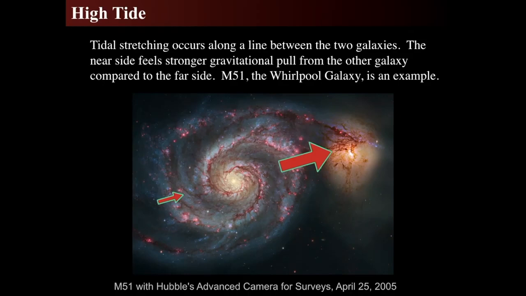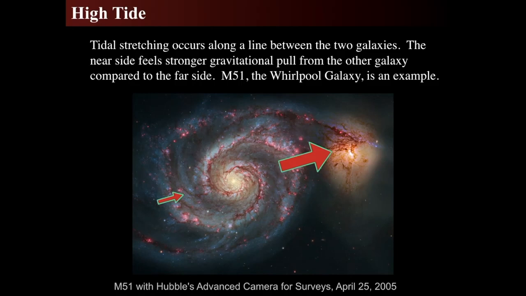And this is what we might think of as a high tide. Notice that the Whirlpool galaxy seems to be elongated towards the elliptical with which it's having an encounter. So it's getting squished along the line of sight and stretched along the line between them.